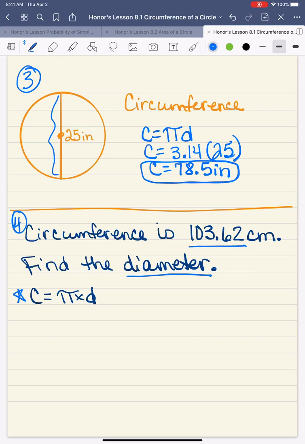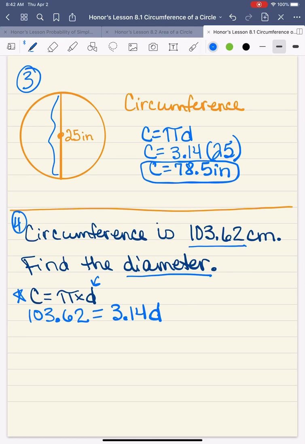But instead of knowing the diameter, we'll be finding the diameter. So I'm going to put in 103.62 for the circumference. And I'm still going to use 3.14 for pi. We can shove the d right next to it, or you can still show an x for multiplication.